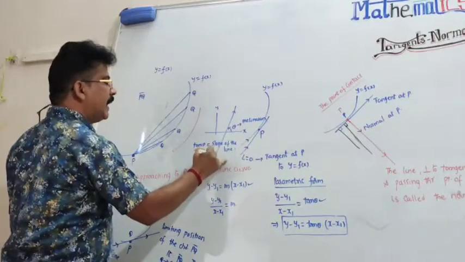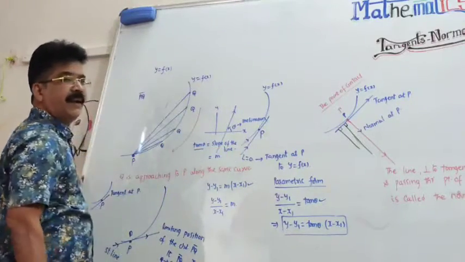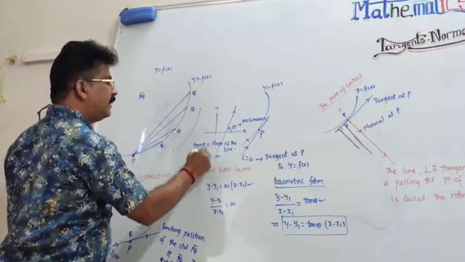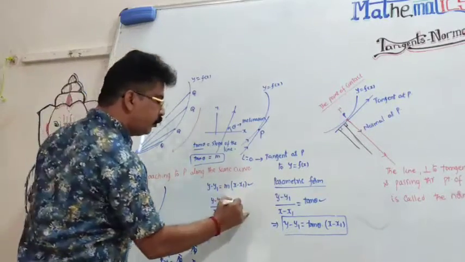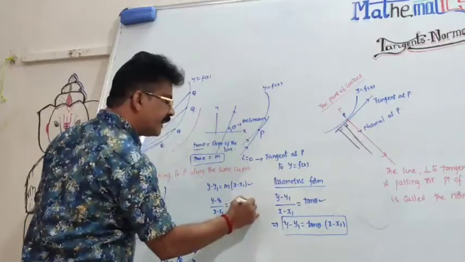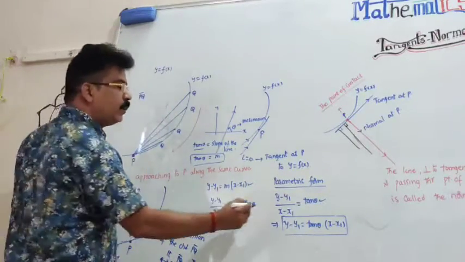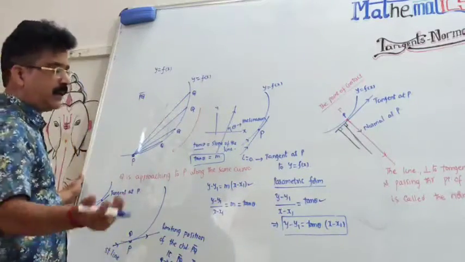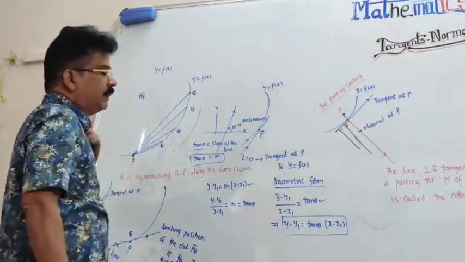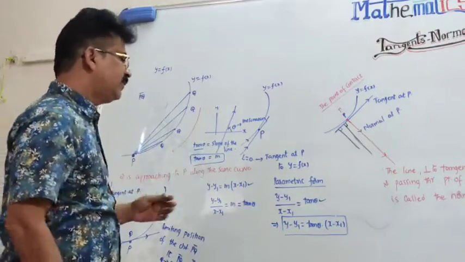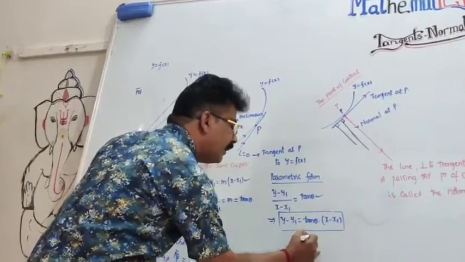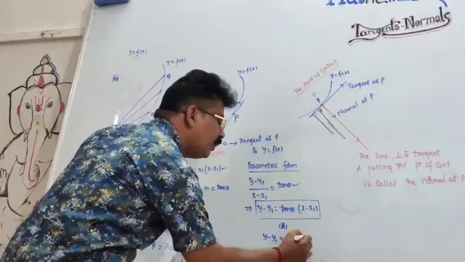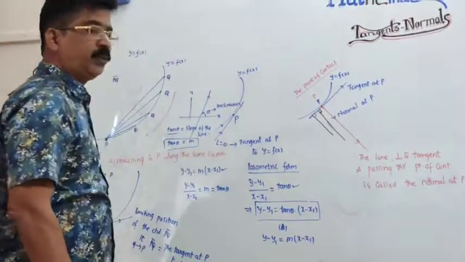It is denoted simply by m. So therefore, m is equal to tan theta. Instead of m, we can write tan theta. That's what I wrote: y minus y1 divided by x minus x1, or else y minus y1 is equal to tan theta into x minus x1, or we can write y minus y1 is equal to m into x minus x1.